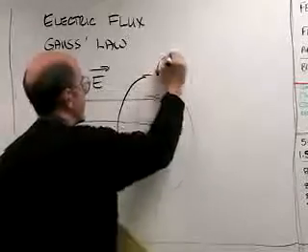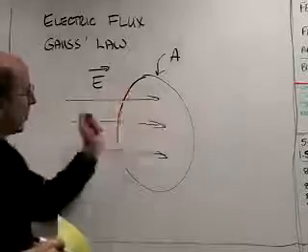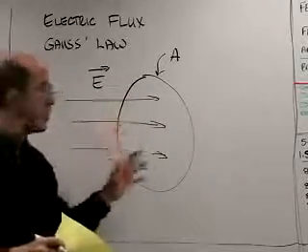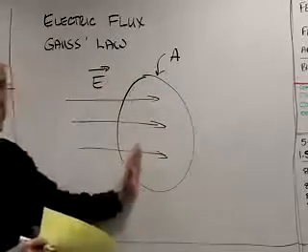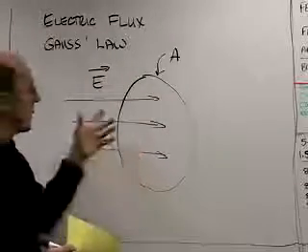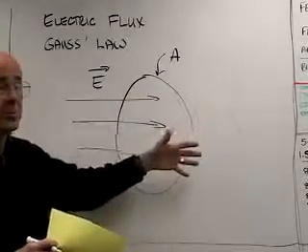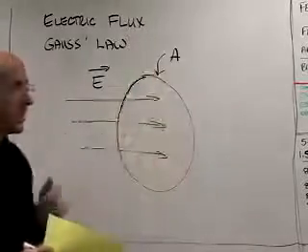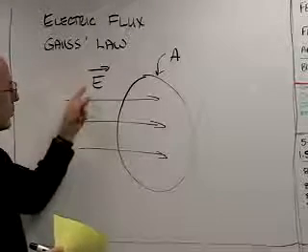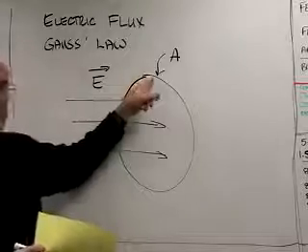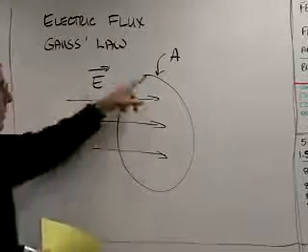And the surface has an area A. So if we have a whole bunch of field lines going through the surface, you can think of it like the flow of a lot of water through the end of a pipe. And so we would measure the flow of water, for instance, in the number of gallons per minute of water that go through the end of that surface. Well, in this case, we're going to measure the flux, which is the electric field times the area, in a sense. But we have to be very careful about how we define the area.